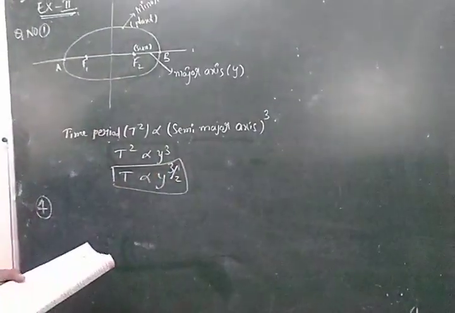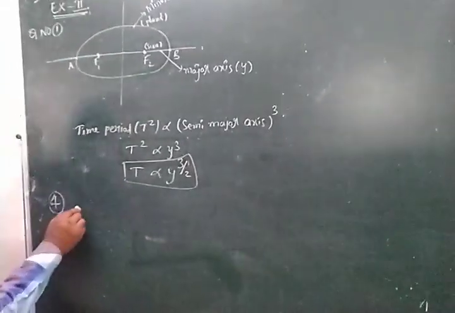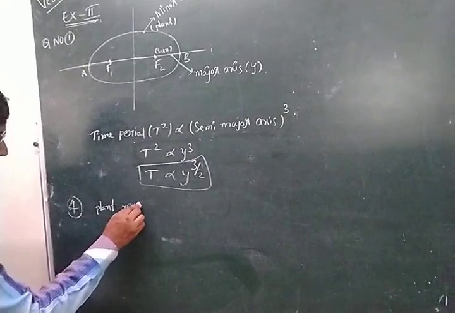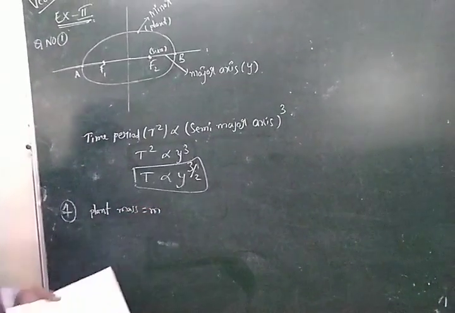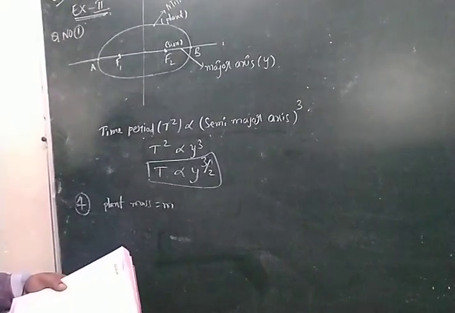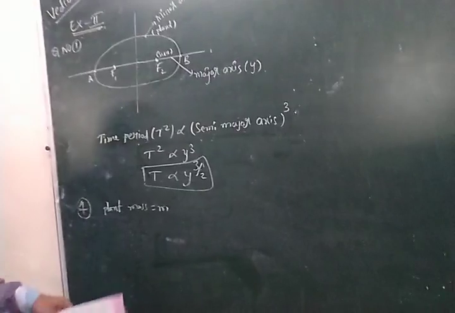Let's see question number 4. If a planet of mass m is revolving around the sun in a circular orbit with time period T, then find the mass of the sun.